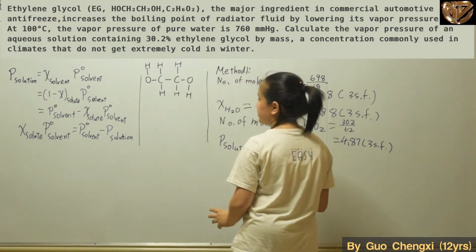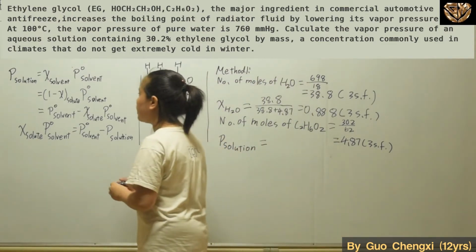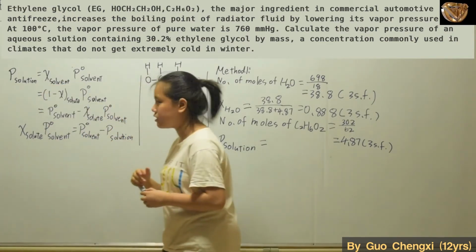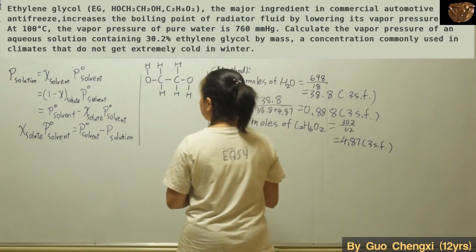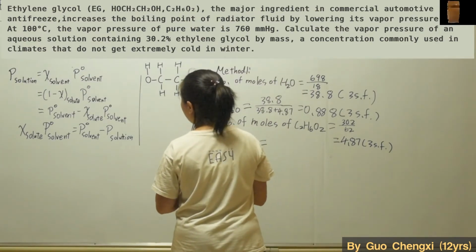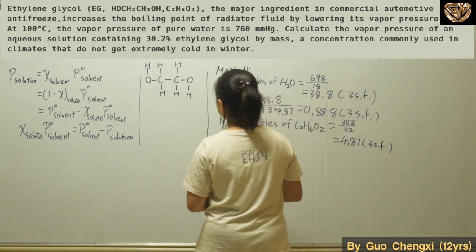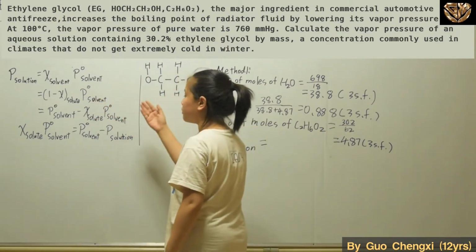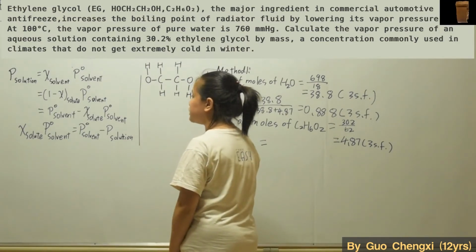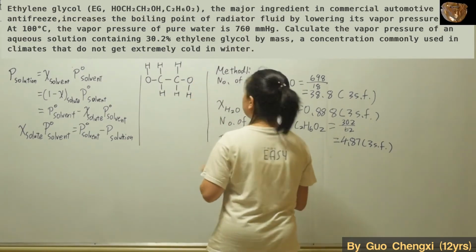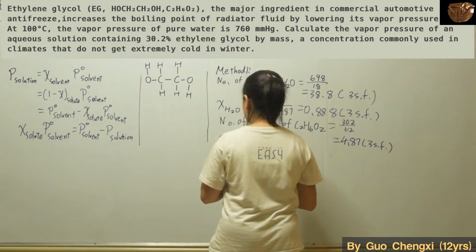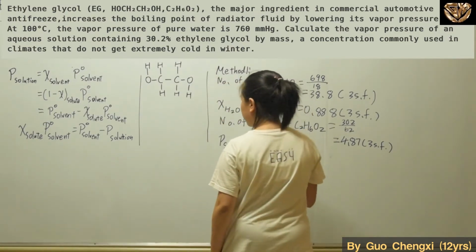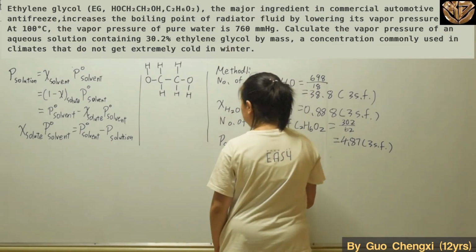So the first method is basically to use the chi solvent times the pressure of pure solvent. The pressure of the pure solvent is already stated at first, which is 760 mercury height. That is the unit for it.